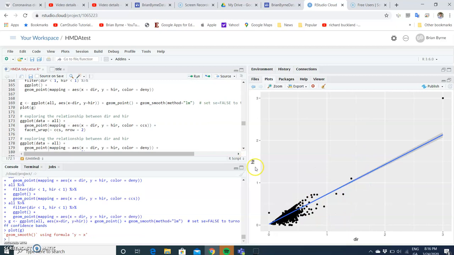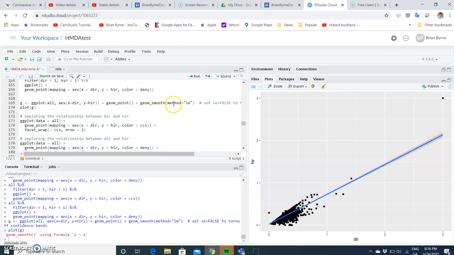We could also do geometric smoothing of the trend just to see what we observe. We see a positive relationship between both, but that's not too surprising, since both have income in the denominator. Nothing majorly revealed here.